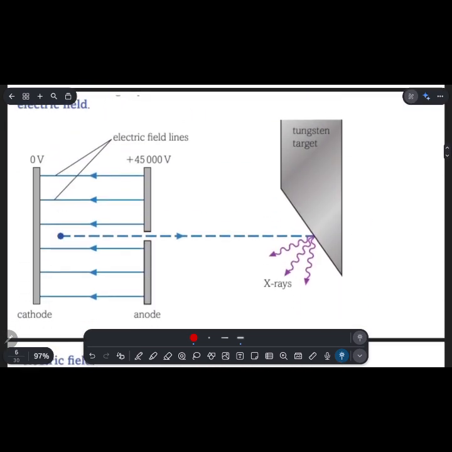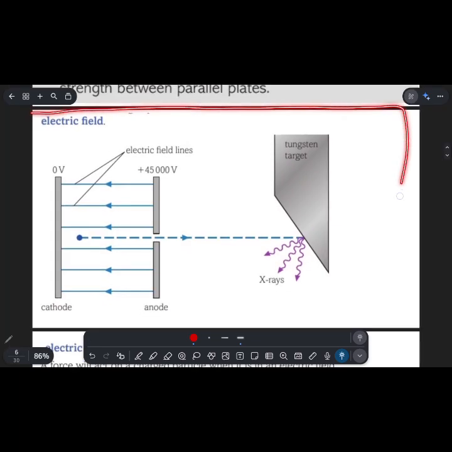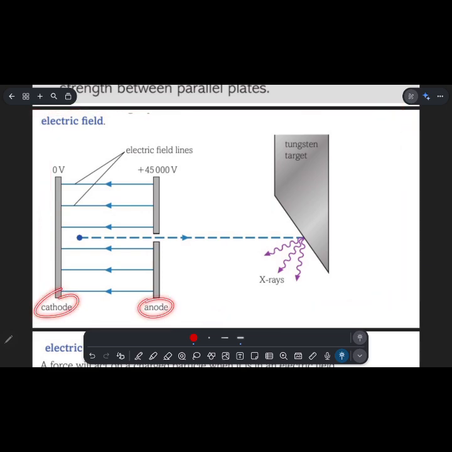Here we go. For example, this is a part of an X-ray machine. The electric field is utilized here. This is a cathode, this is an anode, and electrons are liberated from the cathode, which is at 0 volts, and they are accelerated with a very high voltage, plus 45,000 volts, by the anode.